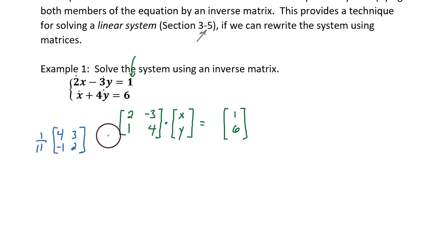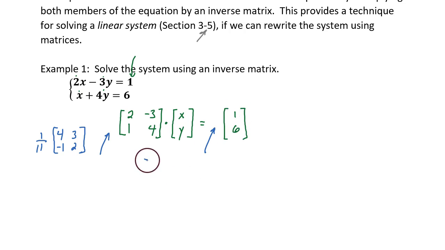And so when you multiply that to the left side of this, what happens is it will cancel away and you'll have the letters x and y alone on the left side of the equals. We would also need to multiply that matrix right here on the left side of this matrix 1, 6.